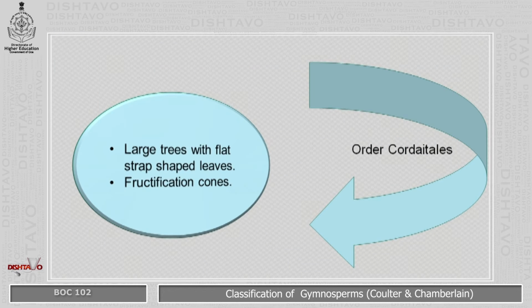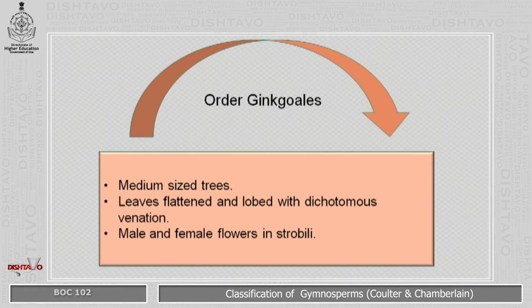Class Coniferophyta is divided into the order Cordaitales. The characteristics are large trees with flat strap-shaped leaves. Fructification is in the form of cones. The next order is Ginkgoales.